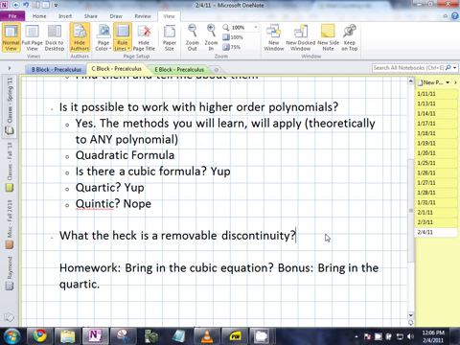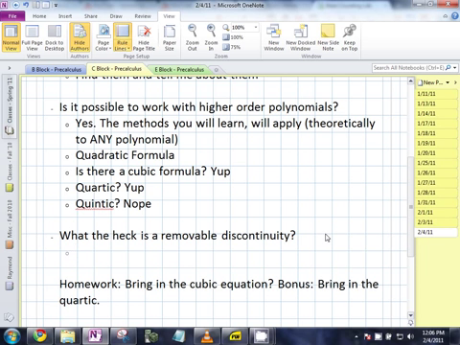Okay, let's talk about this. What is a removable discontinuity? Can anybody tell me what a removable discontinuity is? Well, it's a value that seemingly exists according to the simplified version of the function. The function passes through the point when it's most simplified.